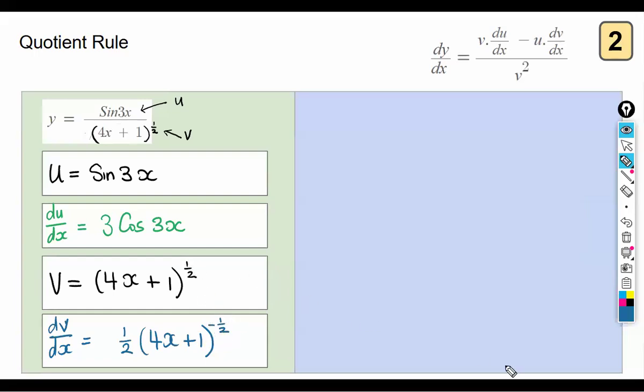A half minus 1 is minus a half. And then you differentiate the brackets in your head. When you differentiate 4x plus 1, you will get 4. Whatever you get, throw it on the outside as well. So we throw the 4 on the outside.